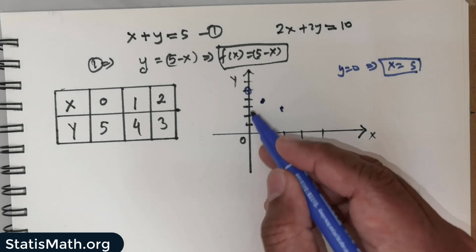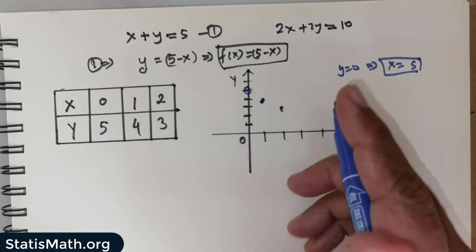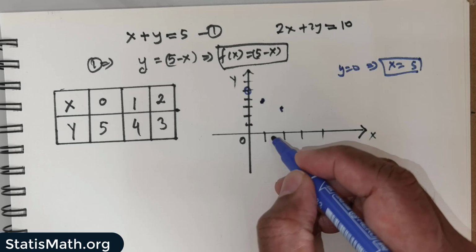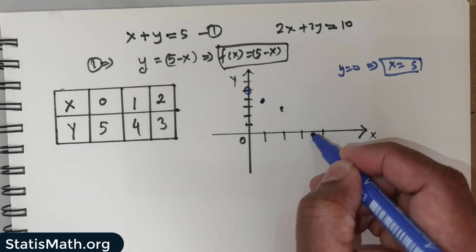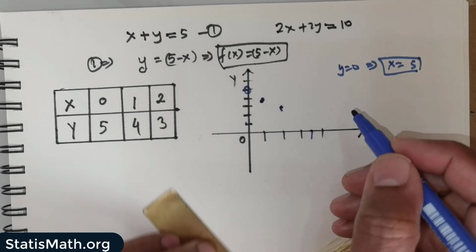Probably since I have taken a different scaling, the graph is shooting out. So I will have to place 5 over here: 1, 2, 3, 4, 5.